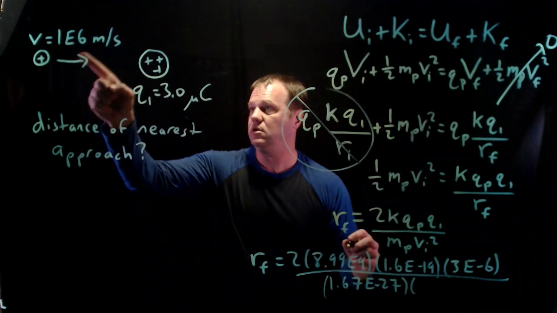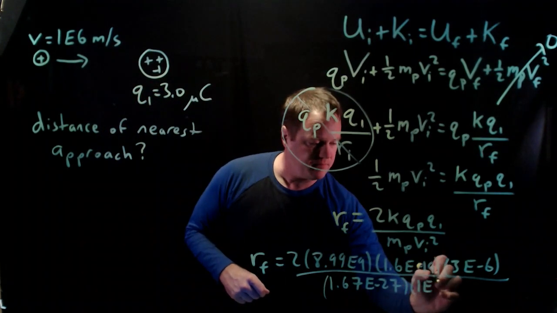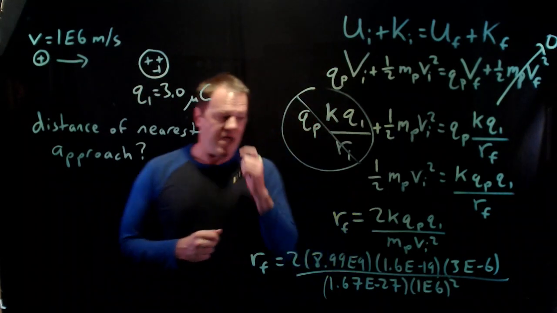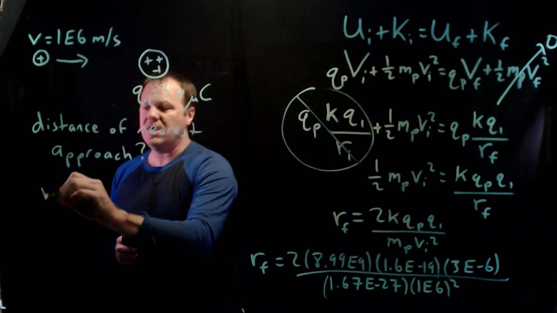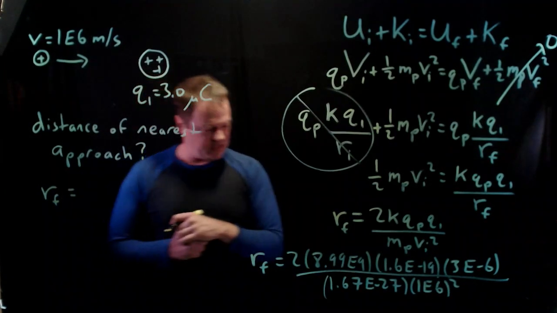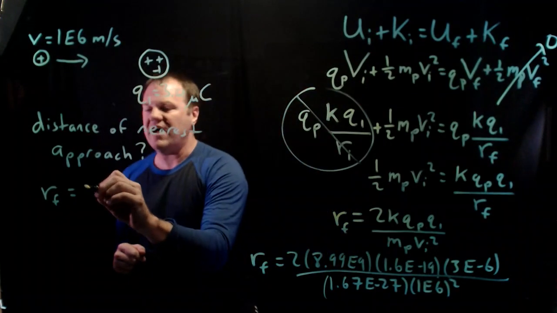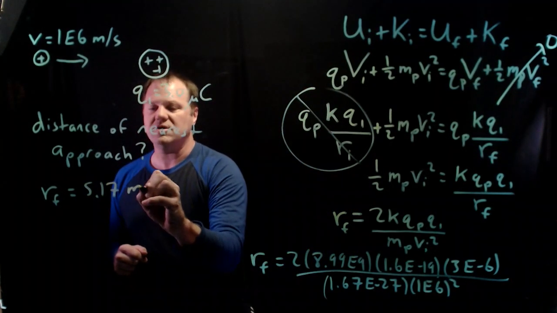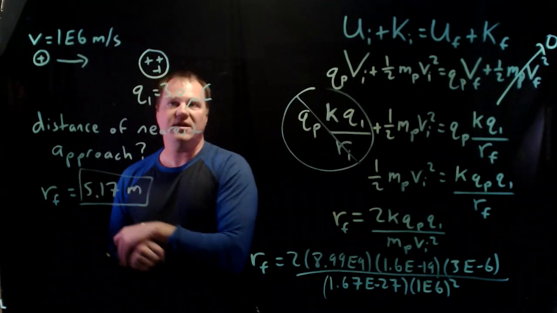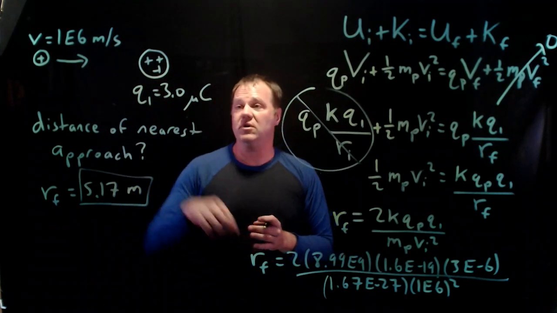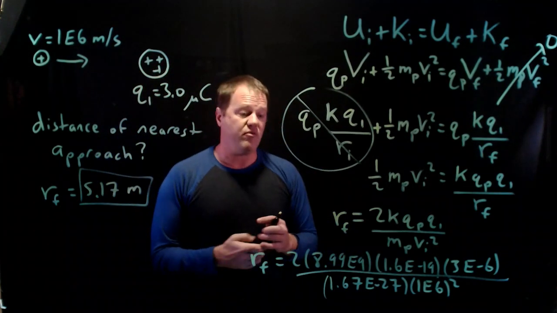And then v initial, 1 million meters per second, and I square that. I throw that into my calculator, and our distance of nearest approach will be 5.17 meters. So actually a macroscopic distance. The proton isn't going to get super close to this charge. It's going to push it away before it gets too close.